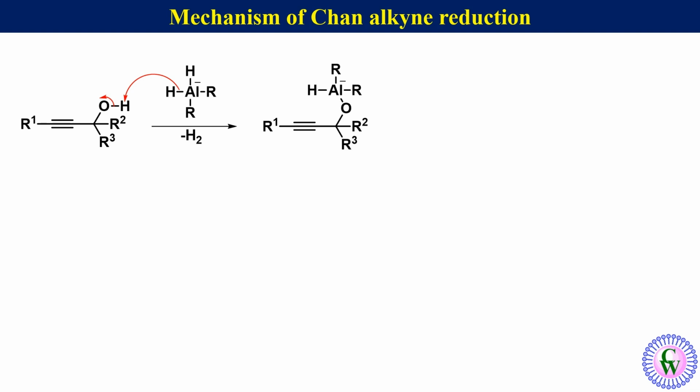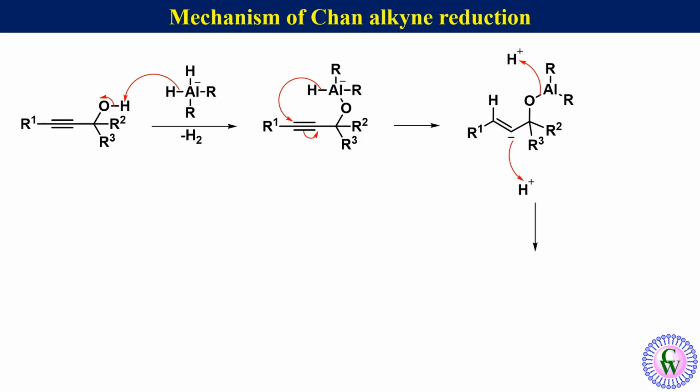Intramolecular hydride ion transfer from aluminum to the alkynic carbon like this gives an alkenyl carbanion. Acidic workup causes protonation to produce E-allylic alcohol stereoselectively.